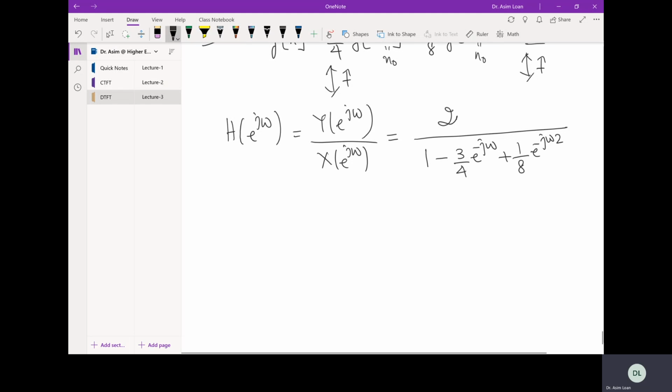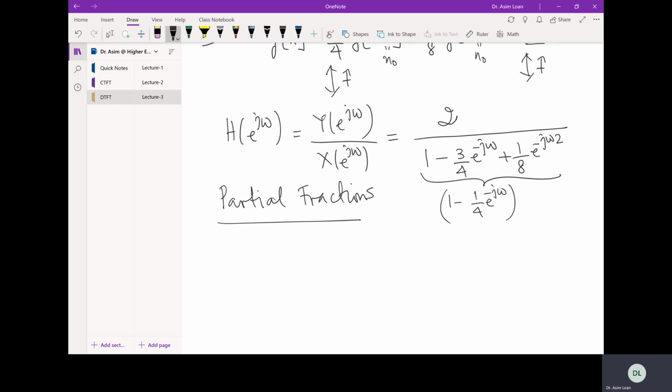So doing partial fractions, the denominator is actually equal to (1 minus 1/4 e^{-j omega}) into (1 minus 1/2 e^{-j omega}). Quarter into half is 1/8, minus minus becomes a plus, and minus quarter minus half becomes minus 3/4.